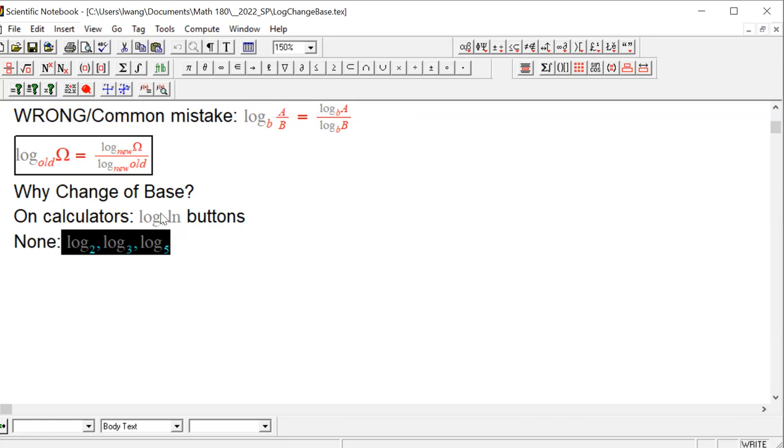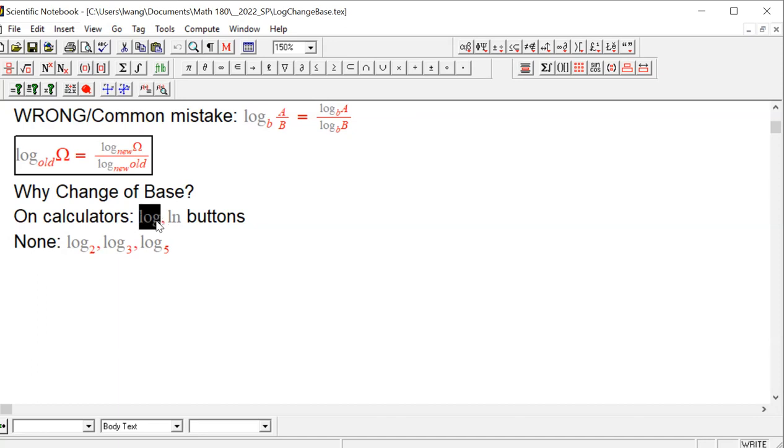Most commonly, we have the common log. For those more advanced calculators with ln, you probably have to pay a little bit more money for it. Why? You just need one log button of any base, and that will be sufficient because every other base can be converted to common log.